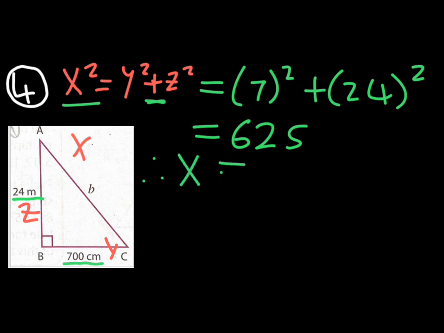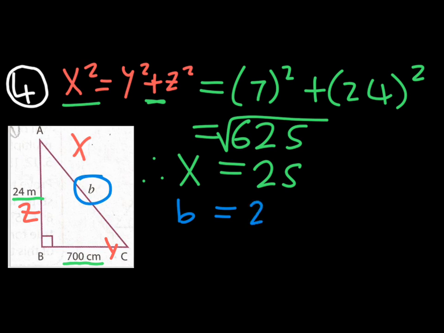Therefore, x equals 25, and that is what happens when we square root 625. But they actually give us a missing side, so then we say that b equals 25. And what units were we working in? We chose to use meters. If you'd chosen to use centimeters, you would have found that your answer should be 2,500 centimeters.